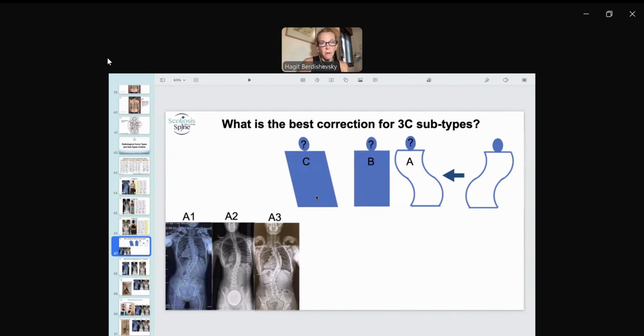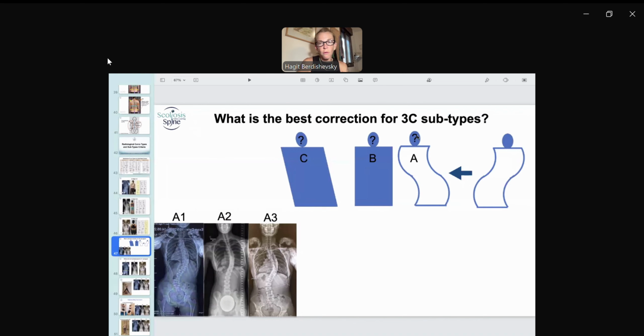So we will need to know, for each subtype, what is the best correction during exercises? You know that sometimes we take the curve here. This is the patient, a 3C, with the pelvis and lumbar to the left and thoracic to the right. And when we are creating the corrections and guiding the patient, we don't want to see this.